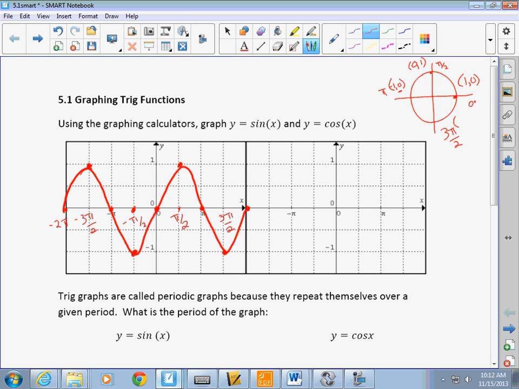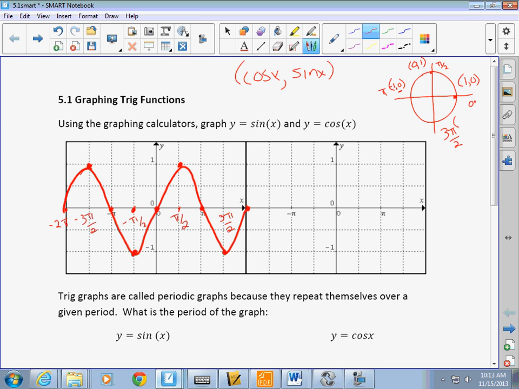Negative 1 would be my cos x value. Remember, when you're looking at the values of your coordinates, this is cos x, sine x. Sine x is 0 when your theta is pi. Don't think of it as just xy values. Think of it as cos x, sine x.